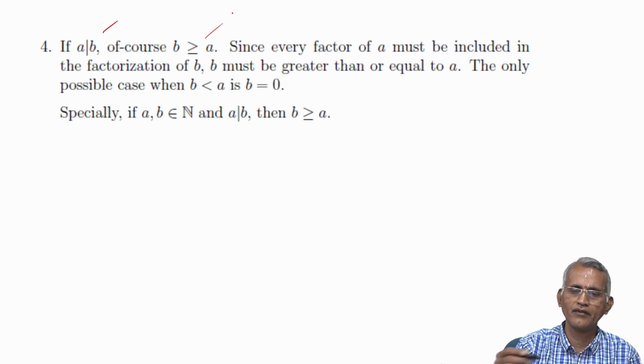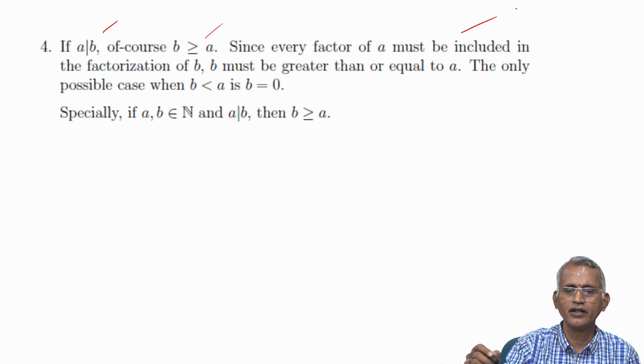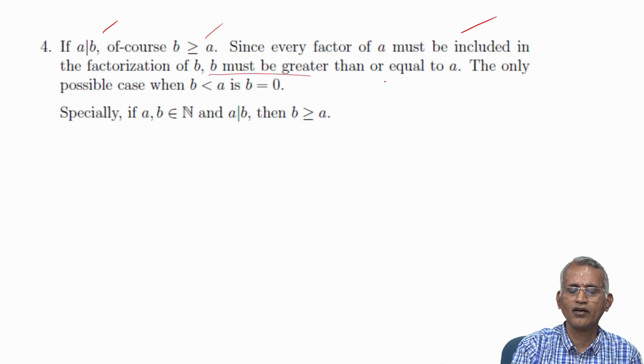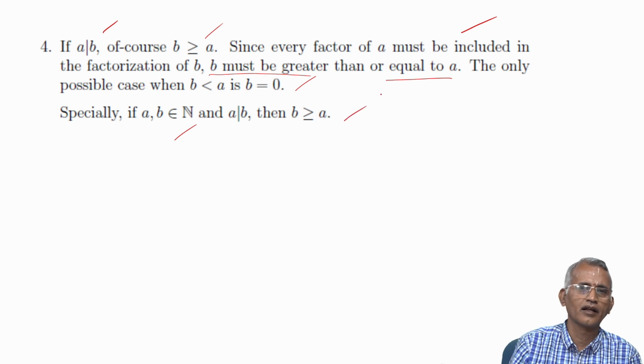Since every factor of A must be included in the factorization of B, B must be greater than or equal to A. The only possible case when B is less than A is B equal to 0. Especially, if A, B are in N and A divides B, then B is greater than or equal to A.